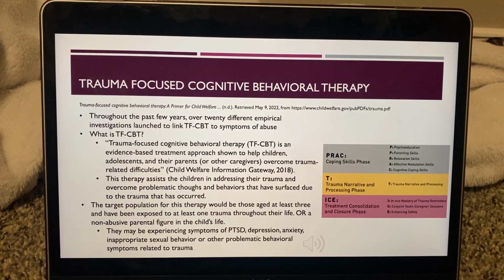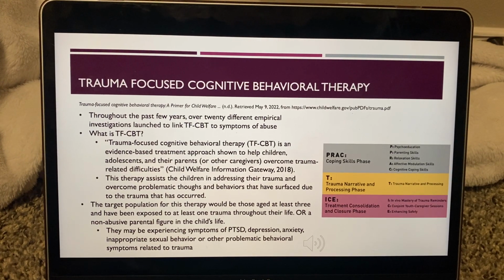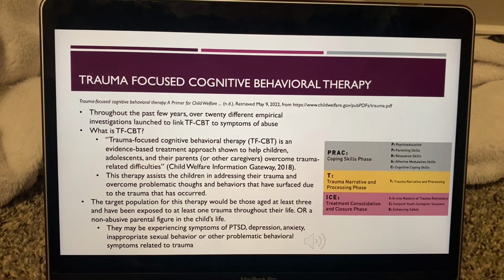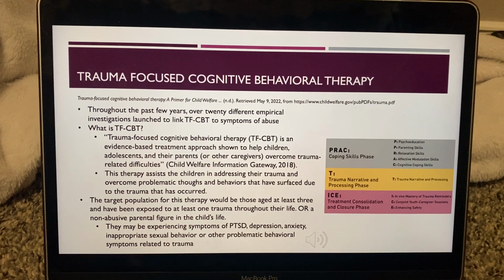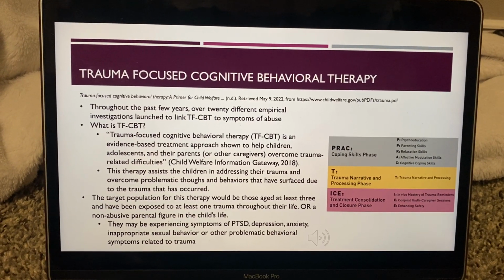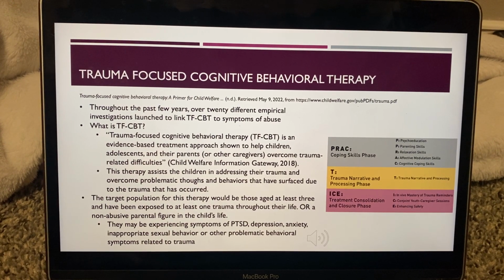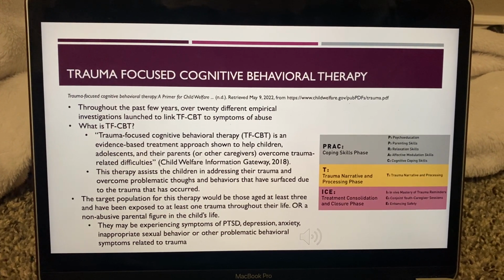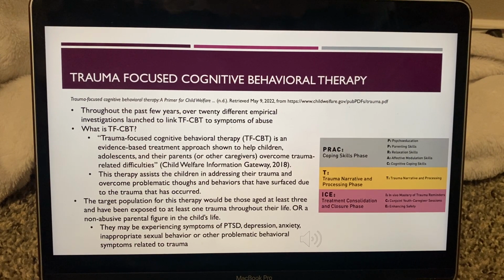The overall target population for this therapy would be those at least 3 years of age who have been exposed to at least one trauma throughout their life. Or also a parental figure that is non-abusive can benefit greatly from this behavioral therapy. Those using this therapy may be experiencing symptoms of PTSD, depression, anxiety, or inappropriate sexual behaviors, or really any problematic behavioral symptoms that may be linked to the trauma they have experienced.